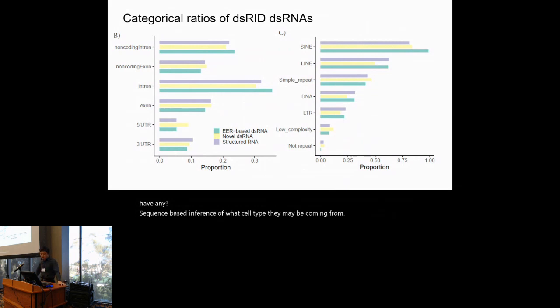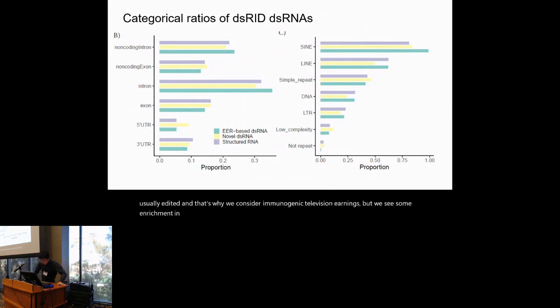To answer the first question, we analyzed the ratios of the dsRID double-stranded RNAs. Obviously it's enriched in SINE elements because the Alus are usually edited, and that's why we consider them immunogenic double-stranded RNAs. But we see some enrichment in LINE elements, simple repeats, and so on.